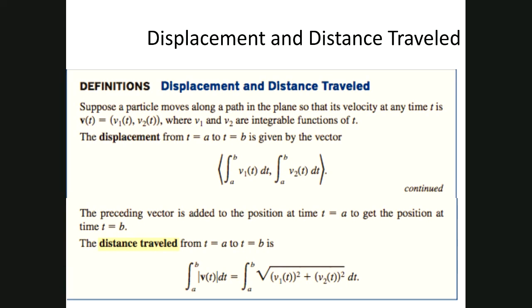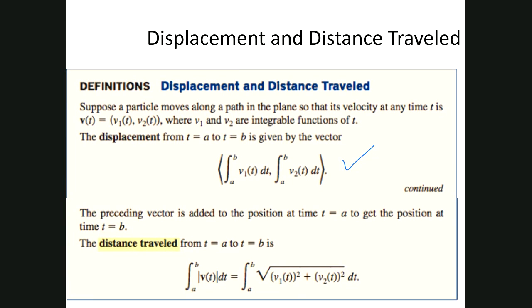It says, suppose a particle moves along a path in the plane so that its velocity at any time t is given by v1 of t, v2 of t, where v1 and v2 are integrable functions of t. The displacement is going to be the integral from a to b of v1, and the integral from a to b of v2. So not too hard, right? The displacement is not bad.